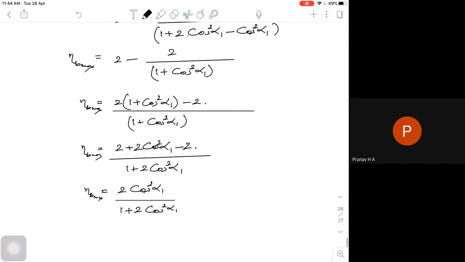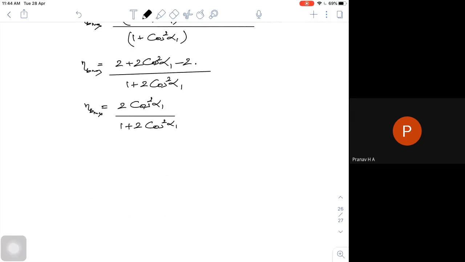What is your cos alpha 1? I can write it in terms of phi. They may ask you the derivation: show that your maximum blade efficiency in terms of phi is 2 phi square divided by 1 plus 2 phi square. Either of these is fine.